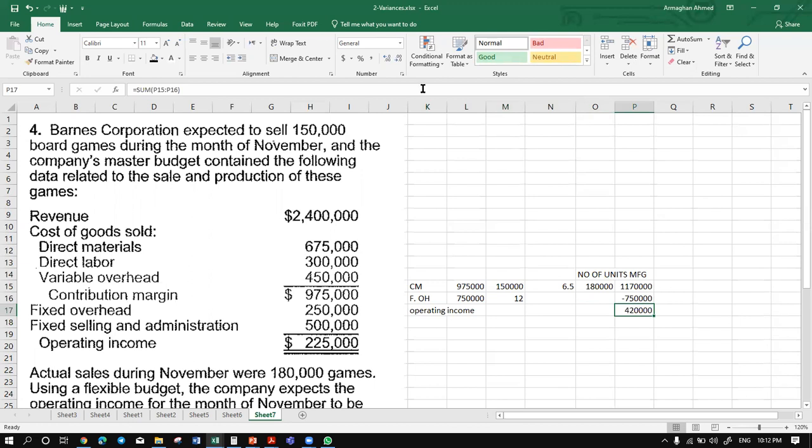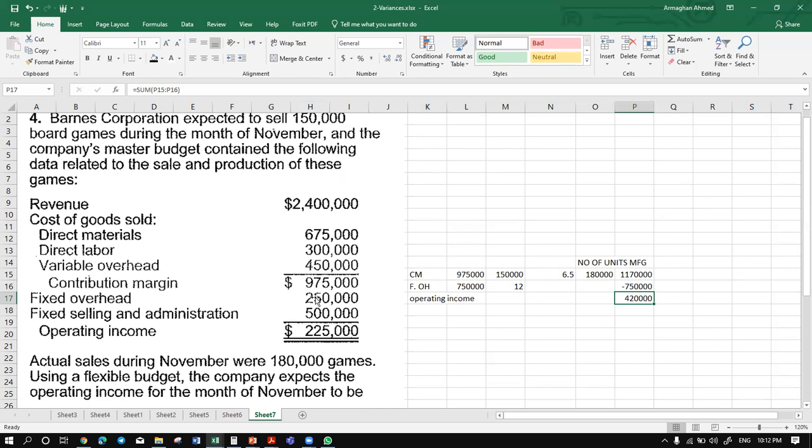So how did we calculate it? Remember that they gave only November, so this is monthly. First of all, we calculated the contribution margin divided by the number of units. This budget is for 150, so 975 divided by 150. We got 6.5 per unit contribution margin, which we multiplied by 180,000 for the next month.